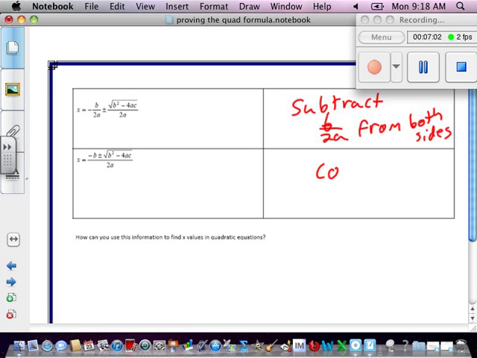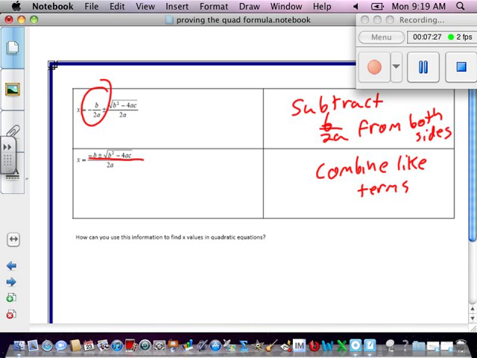And then we combine like terms. So we moved the negative b over 2a because we subtracted it from both sides. They both have 2a on the bottom. So it just becomes negative b plus or minus the square root of b squared minus 4ac all over 2a.